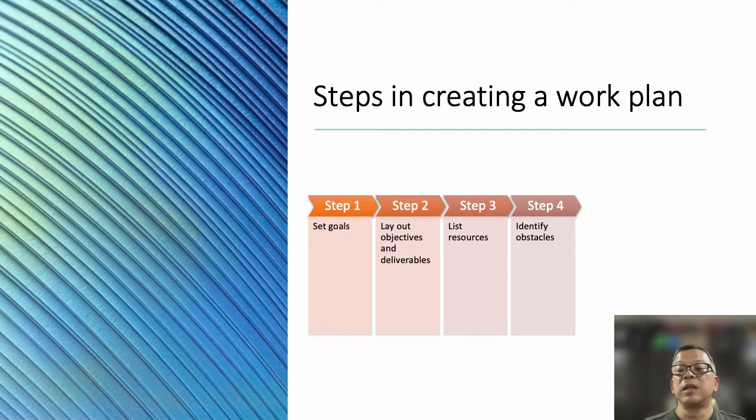Step 4. In project management, we call this the risk plan. But here, we're just going to identify obstacles or roadblocks or speed bumps that may hinder or stop or slow down your initiatives. Initiatives get delayed most of the time because the person in charge of it, which is you, and the team do not consider what may go wrong in the project.